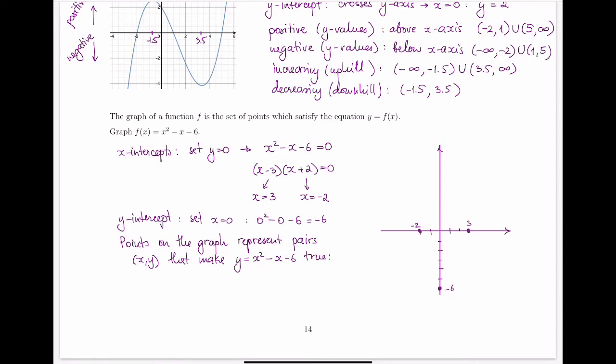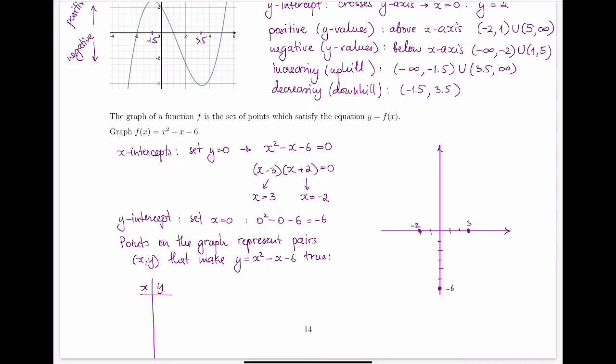This is why constructing a table of values is such an easy thing to do, because I simply have to plug in some x values, calculate the y value depending on that, and I'm going to get the x, y points to put on my graph.